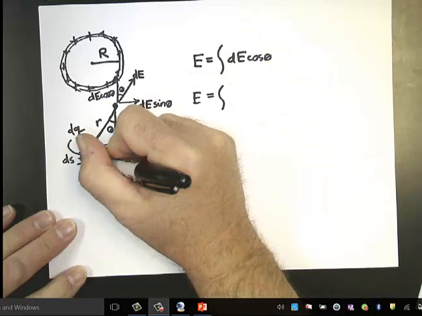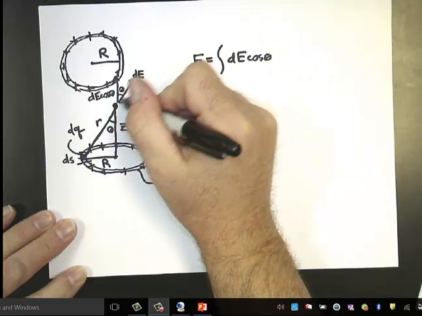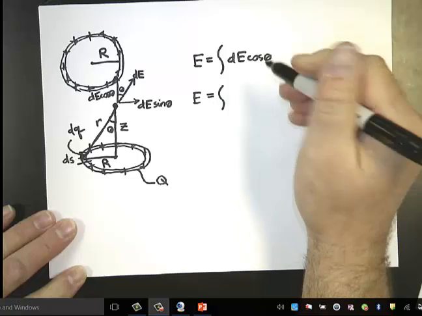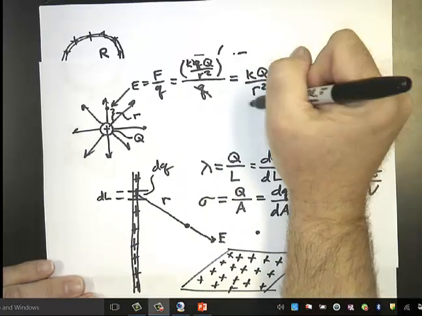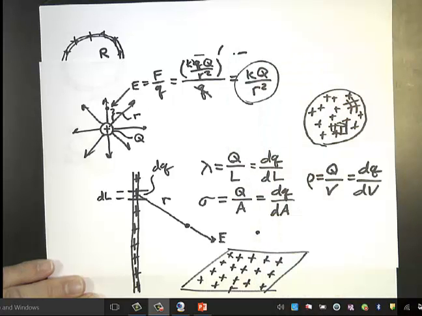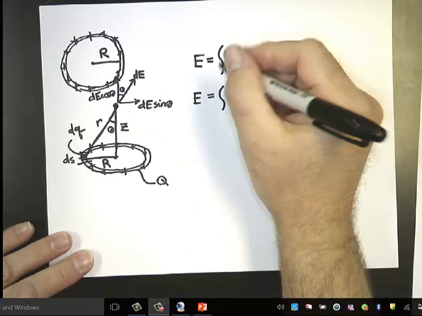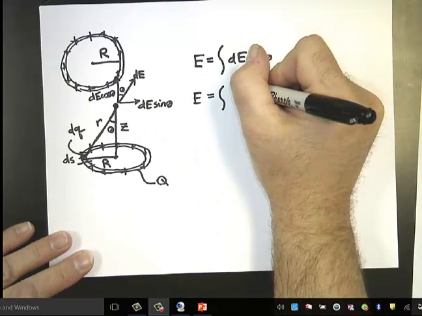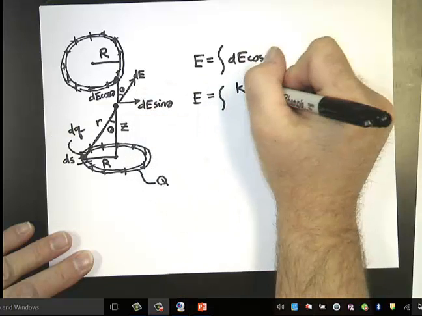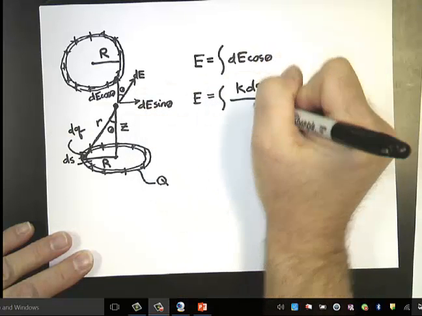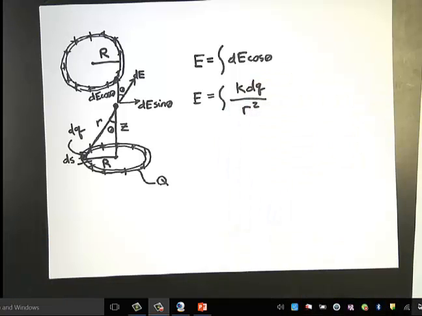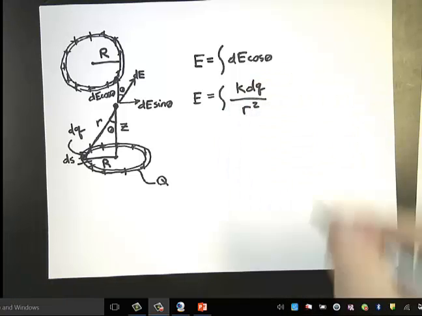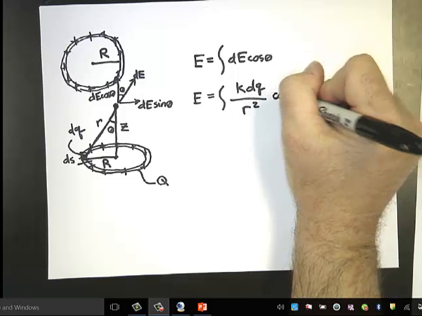Now, the strength of dE is going to be derived from this: it's basically a point charge, kq over r squared. So instead of kq over r squared, I'm going to say k dq over r squared, times the cosine of theta.